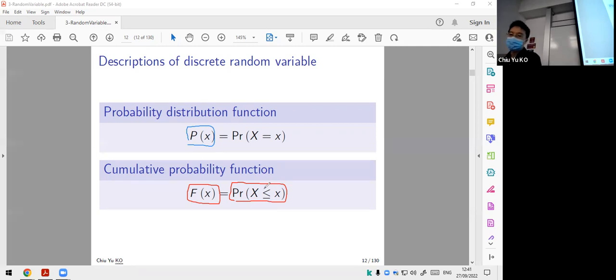And why you care about this is, later you will see, when we talk about continuous random variables, this big F is the thing we care about. Okay, because we don't have the P thing in the continuous one. I mean, there will be something related, but it's not easy to understand. But this one is a thing we would do. So that's why we introduce it here.